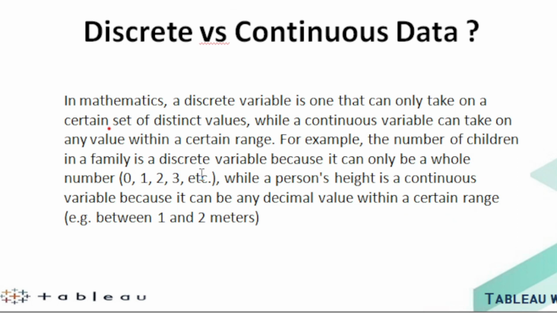You cannot count continuous data, you only measure it, like you have a measurement instrument for height. Generally, continuous data changes with time: sales, profit, even height changes as per time. You cannot count time, you can measure time.